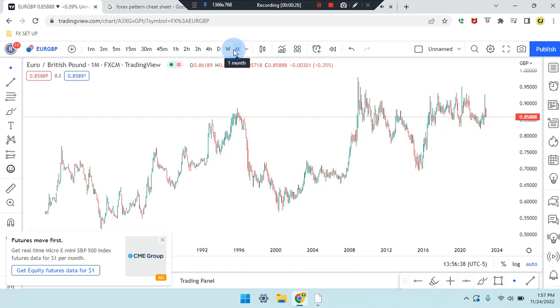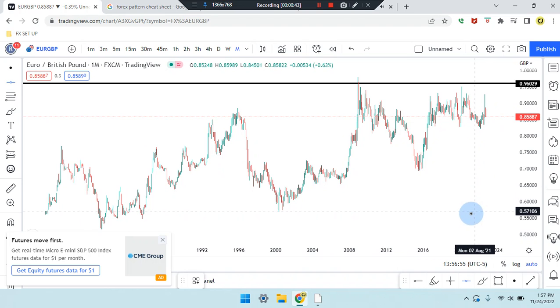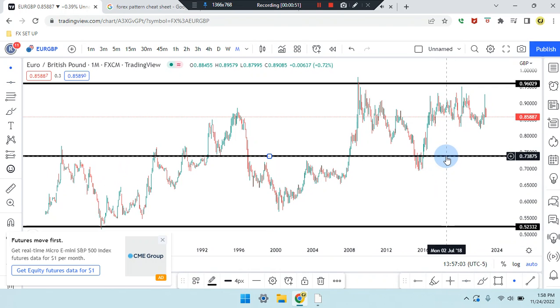We are on a monthly time frame. Price action, the last candle to the right-hand side is a bearish red candle. We do have price action overall: higher highs, lower lows, midpoint.